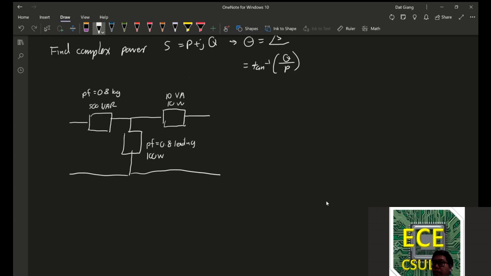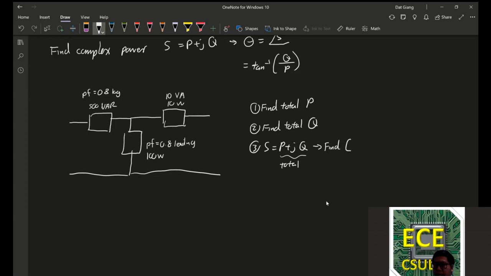Okay, so first things first, find total P. Second, find total Q. Third, S is equal to P plus JQ, and then these are total. Then find theta.